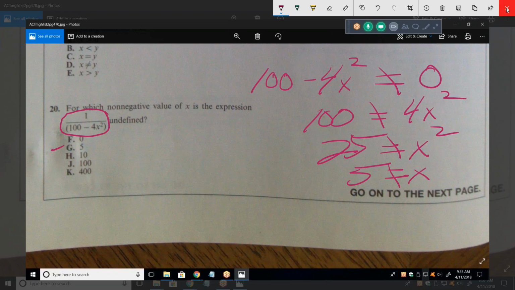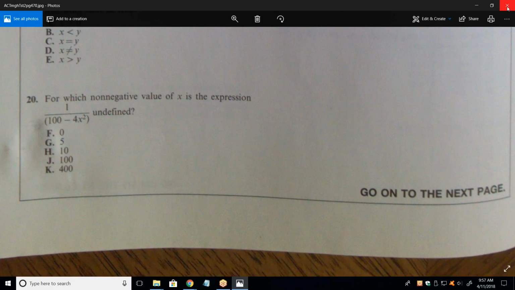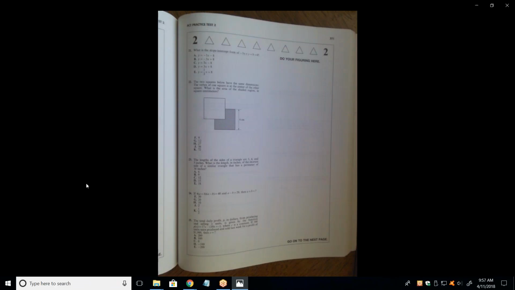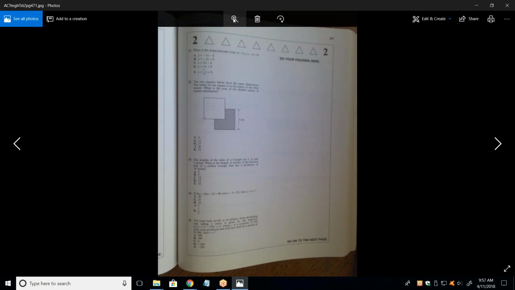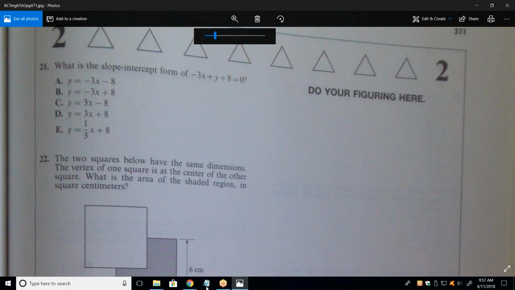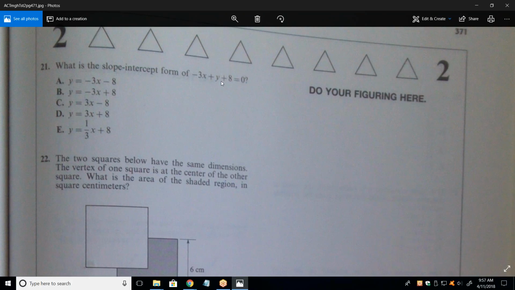All right, let's do a couple more here. What's the slope-intercept form of 21? y equals -3x minus 8.